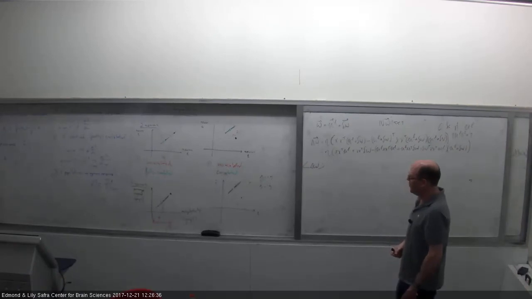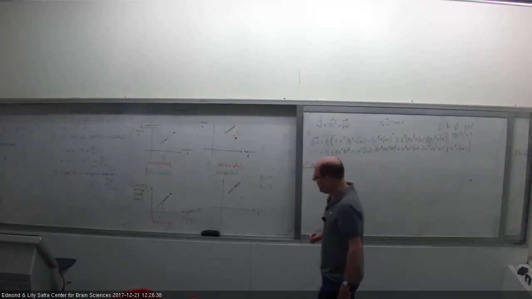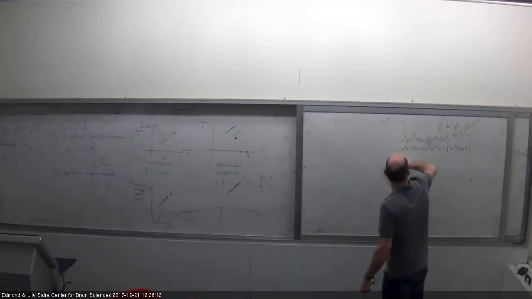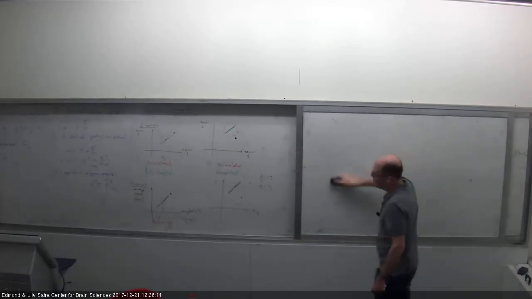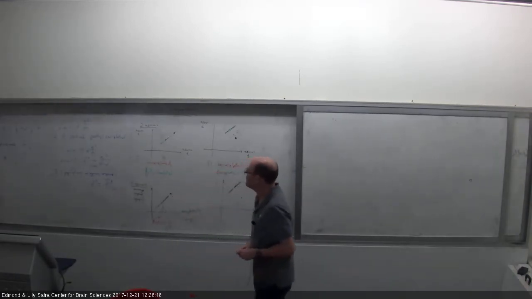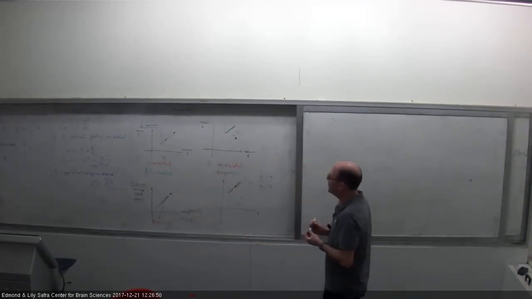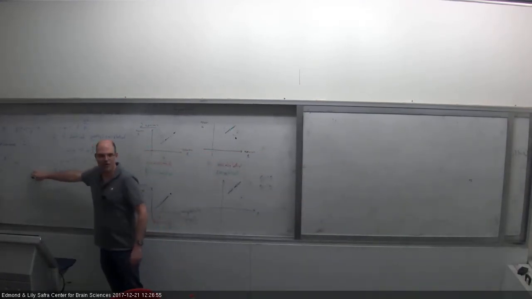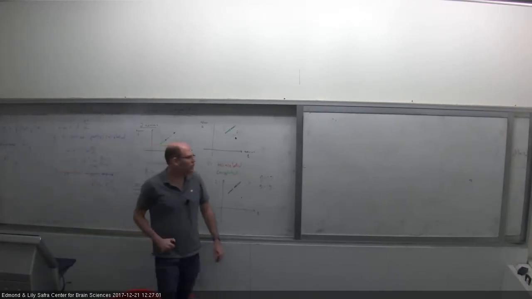Now I want to discuss a little bit the partially correlated case. And I need to go back to this covariance matrix. I want to provide you some way to think about this covariance matrix, what it actually means.